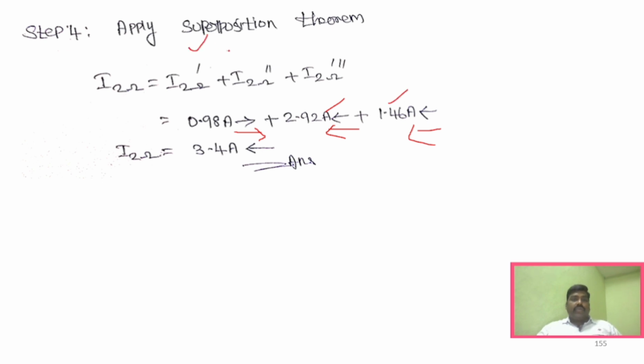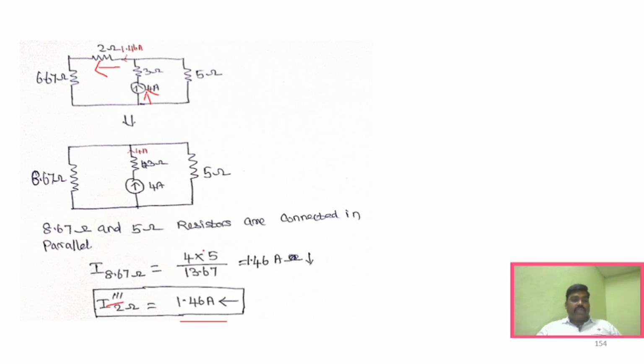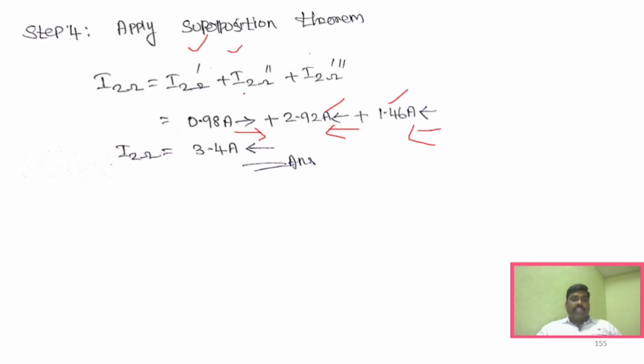These two are voltage sources and this is the current source, that is what we have obtained. So this voltage source and current source have the same direction, whereas this is the opposite direction. So we have to add these two and subtract this particular value so that we can obtain 3.4. We will cross verify that.